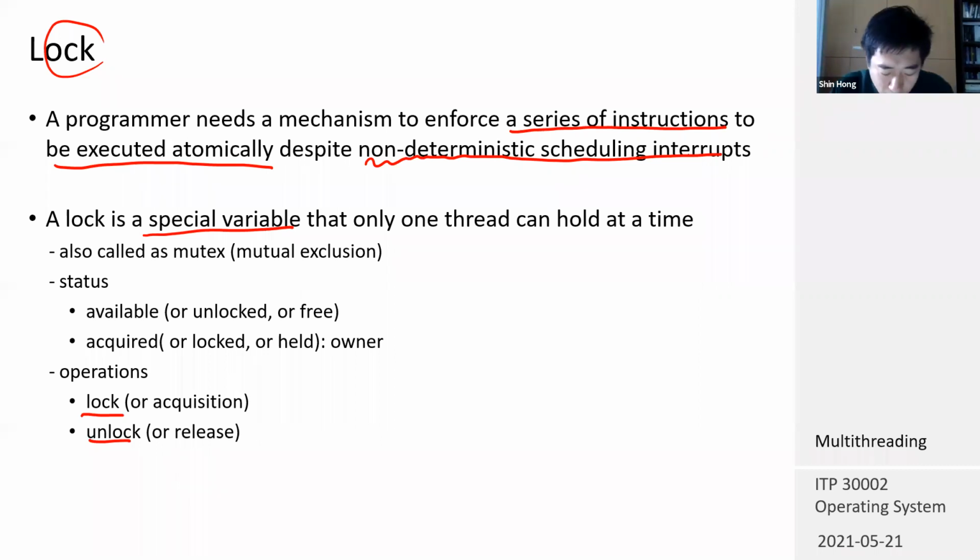A lock can be held by at most one thread at a time. A lock can also be held by no thread. In that case, the resource represented by the lock is free or available, so anyone can acquire and hold it.